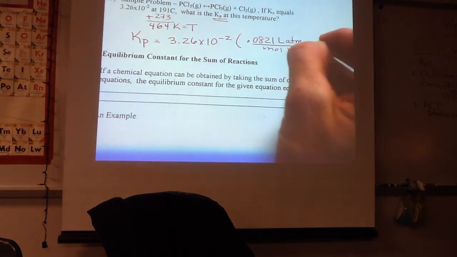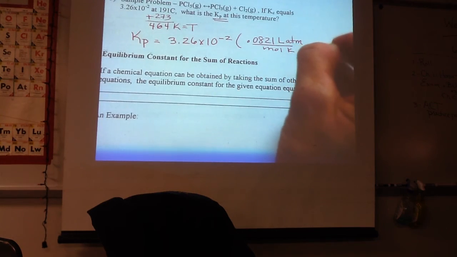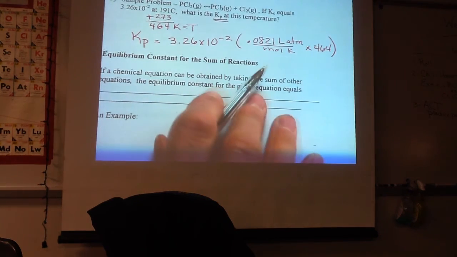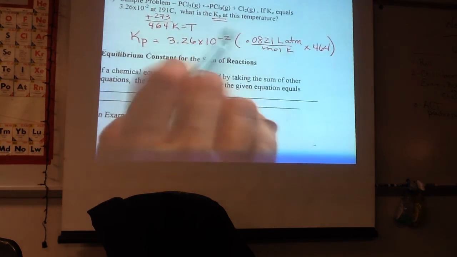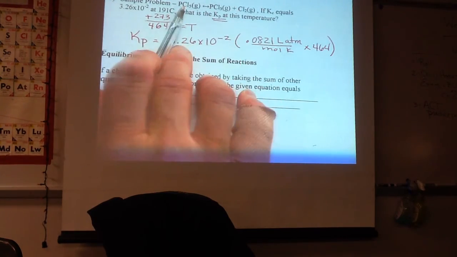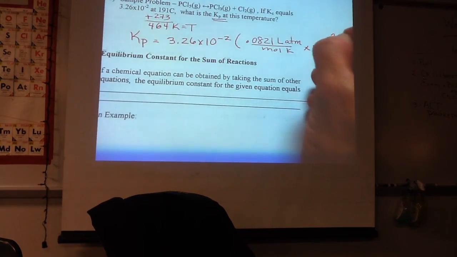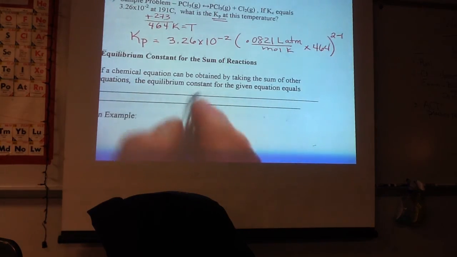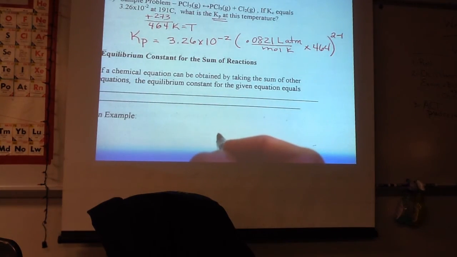You're going to times that by temperature in Kelvin. And then what is my delta N? My delta N is 2 moles minus 1 mole. So I'd take 2 minus 1. And so then I would get my answer.